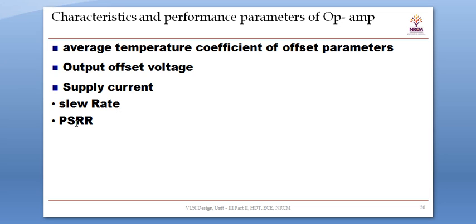It is also called SVRR or PSS, that is power supply rejection ratio, supply voltage rejection ratio, or power supply sensitivity. So we will see the definitions one by one.